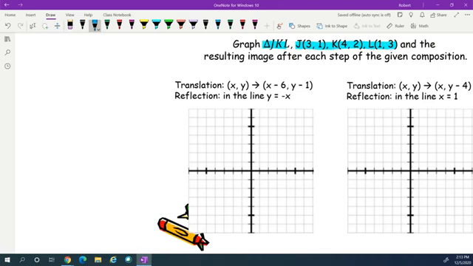J is at 3, 1. K is at 4, 2. And L is at 1, 3. And I'm going to plot them. 3, 1. 4, 2. And 1, 3.